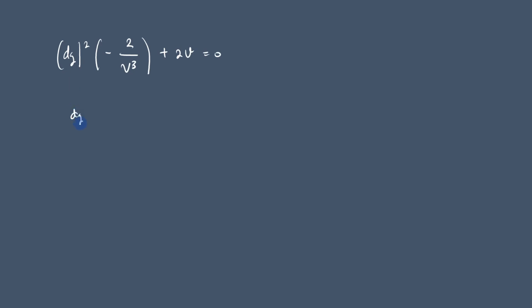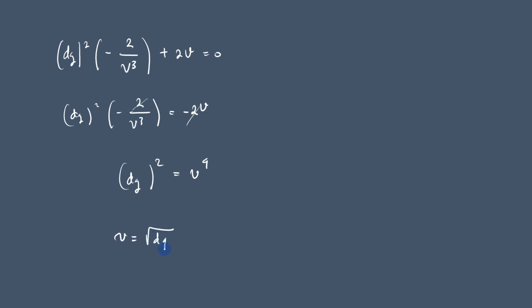So dg squared minus 2 equals minus 2v to the 4. We can simplify this equation and we get v to the 4 equals dg squared, and we know that v equals the square root of dg. Okay, this is the v so that the speed u is minimum.